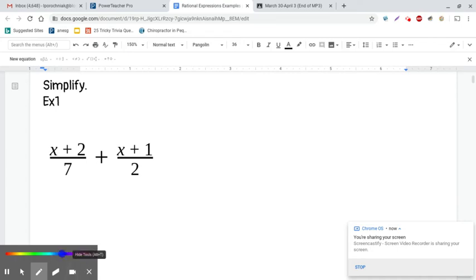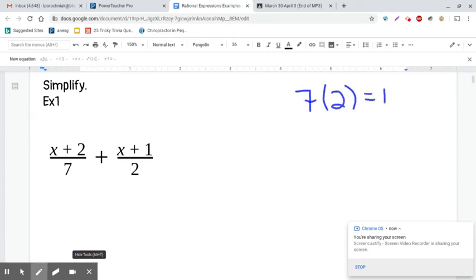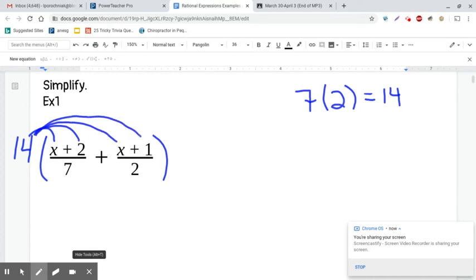So let's look at our denominators. We have a 7 and a 2. So we're going to multiply those together, which gives us 14. That means we're going to multiply the whole equation by 14. And remember that goes to everything.